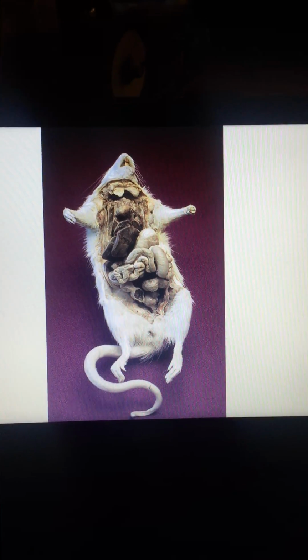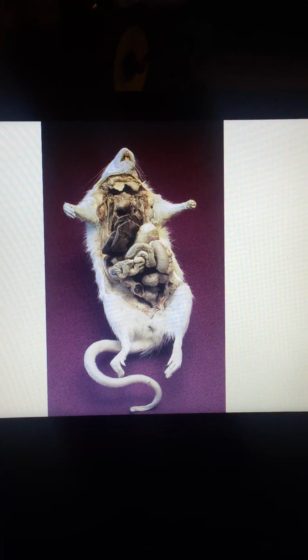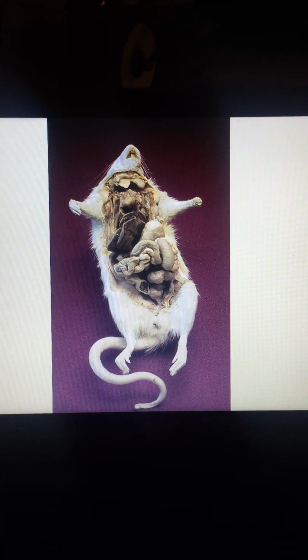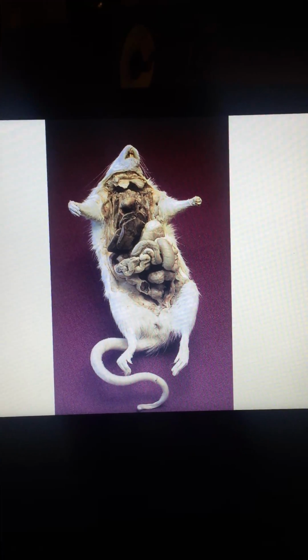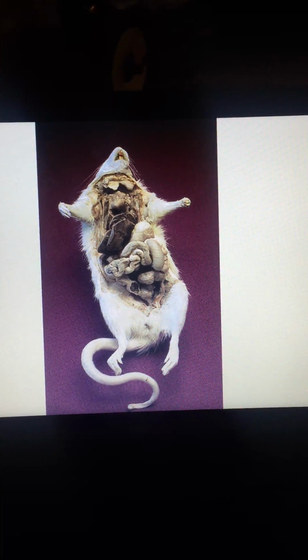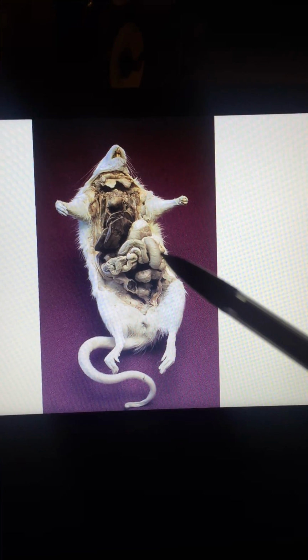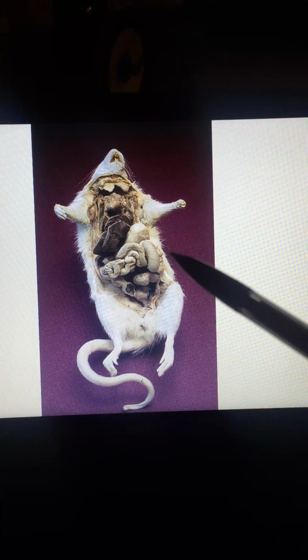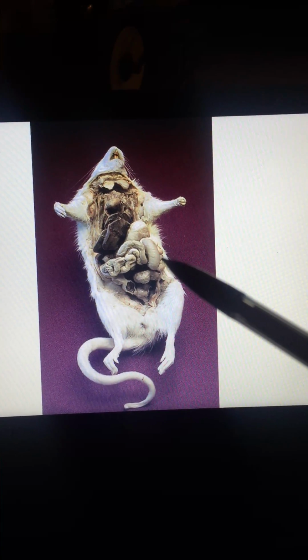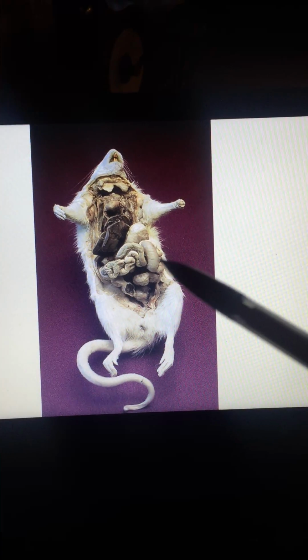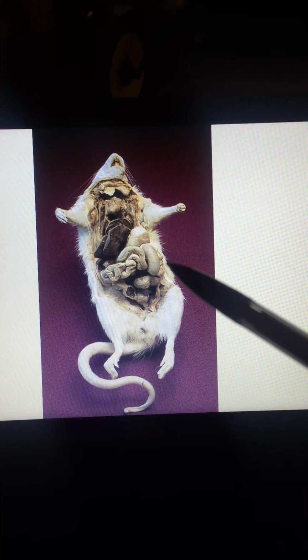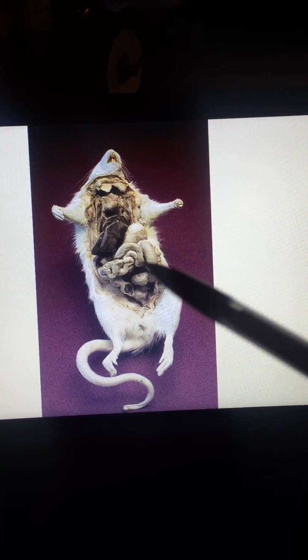Now the other organs I'm going to talk about, you are not going to be able to see in this picture, but you can listen to my description and me pointing where they would be. The spleen would be wrapped around this side right here of the rat, keeping in mind that students will have gone through and torn apart this rat through each checkout. You may have to dig around a little bit.